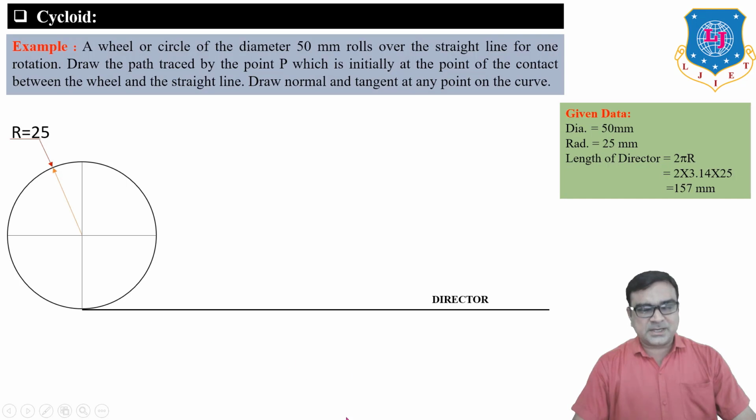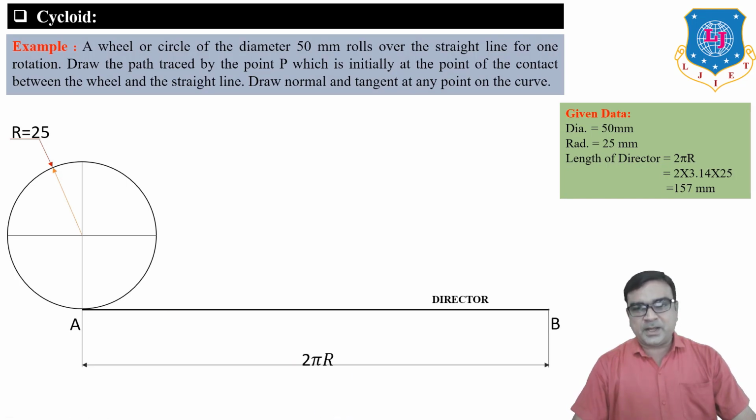The length of this line AB is equal to 2 pi r, 157 mm. Divide the circle into n number of equal parts. So I divide the circle into 8 equal parts. Divide the straight line AB into 8 equal parts.